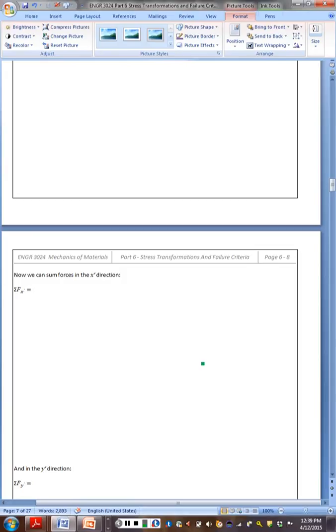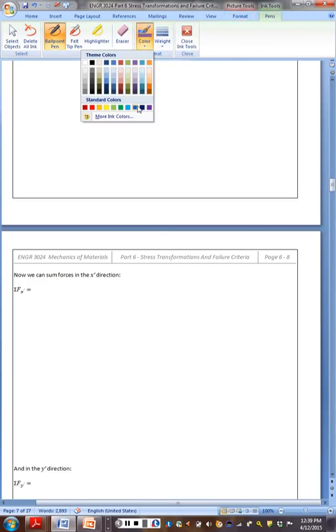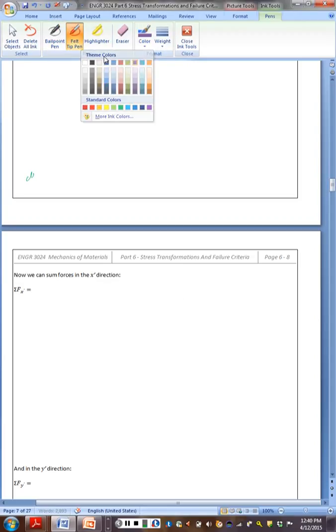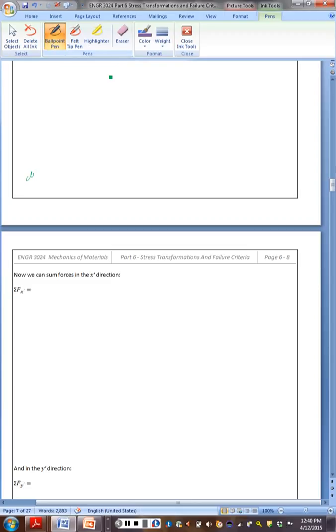So summing the forces in our new x prime direction, starting with the components from our normal stresses. We have sigma x prime times W in the positive x prime direction.